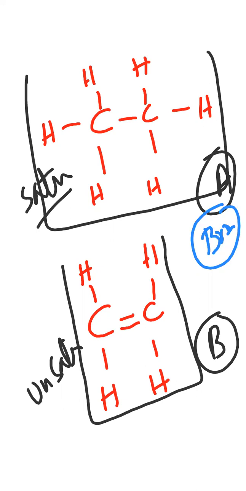I am checking which container contains the unsaturated hydrocarbon, so I am doing bromination, using bromine water, and I have to add bromine water in both of the containers.